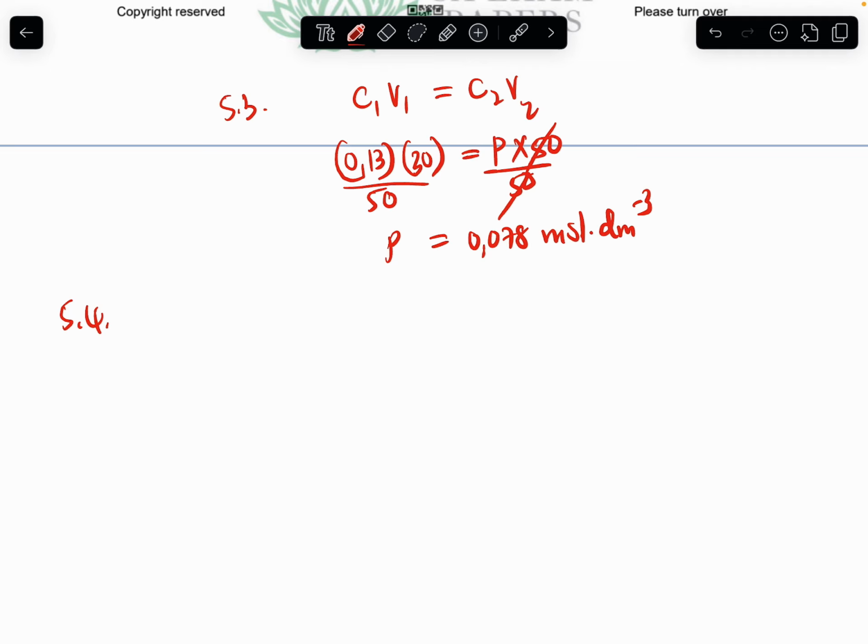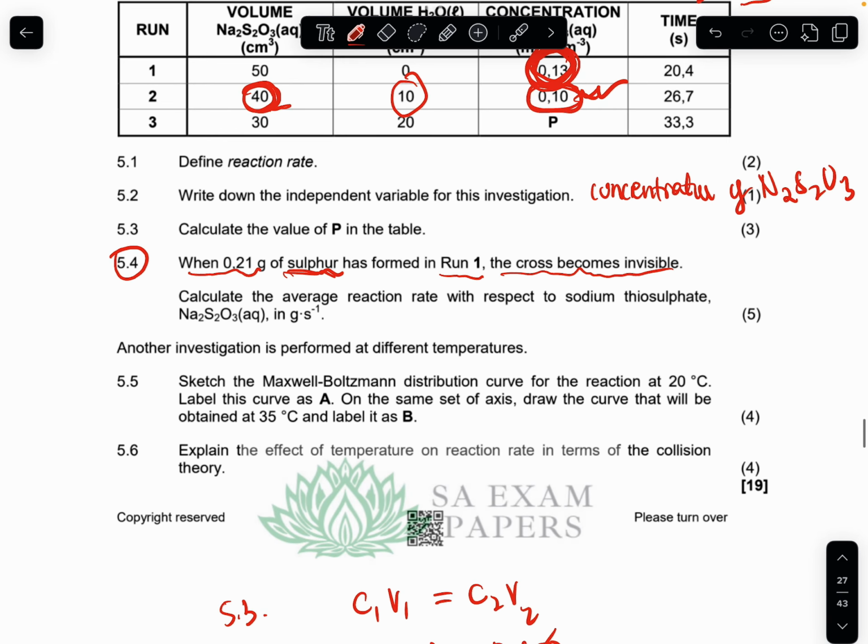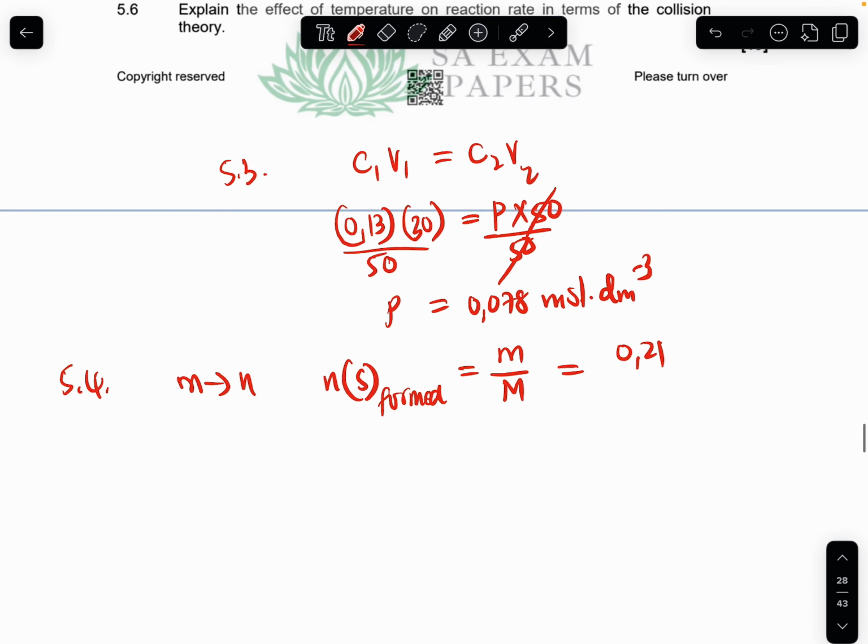So we're gonna change that mass to number of moles of sulfur. So it's number of moles of sulfur, which is what formed, is equal to mass over molar mass, which is 0.21. Am I right? Yeah, 0.21, we divide by the mass of the sulfur.